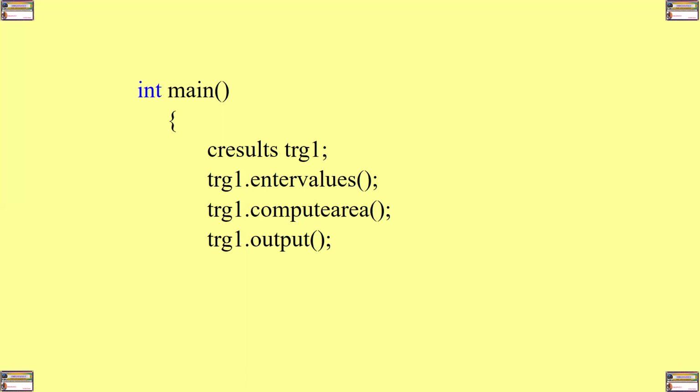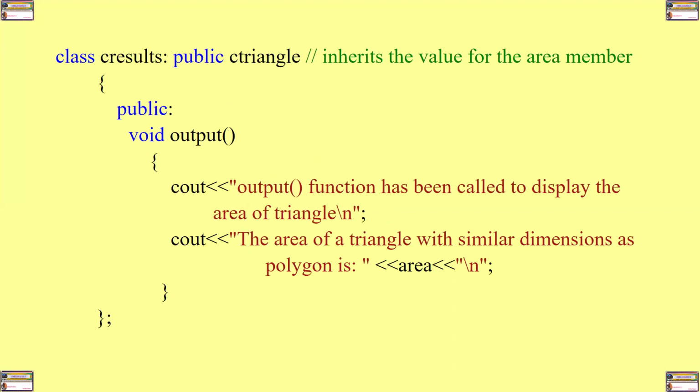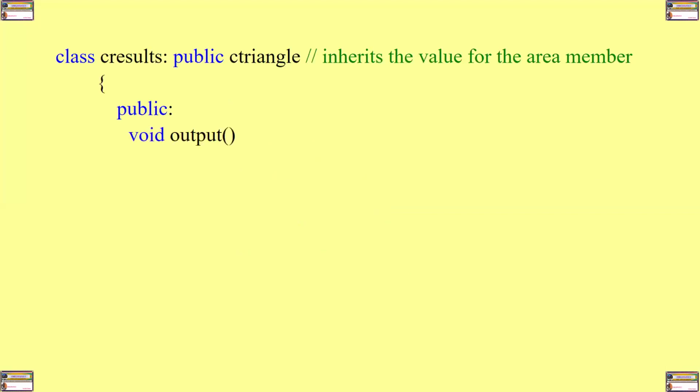My dear students and the rest of the learners, you can see the same instance, the same object for the class called C results is not only being used to access the members of the base class, but also the members of the first derived class. So through this instance called TRG1, we are able to also execute this statement here.